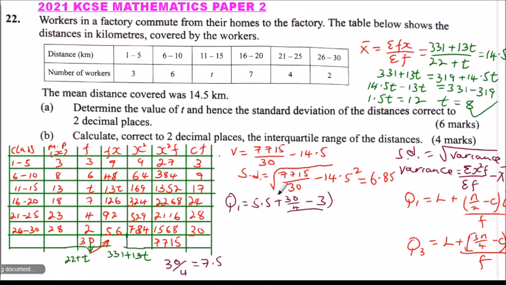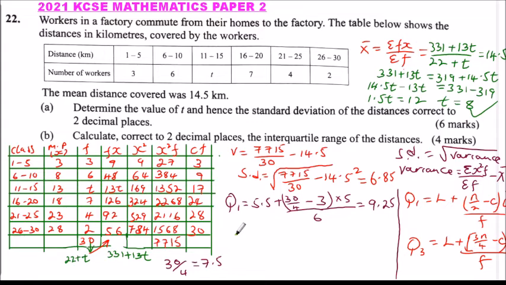You multiply by the class interval, which is 5, and the frequency in that class is 6. So that is how you get the lower quartile. You can compute this, and I don't have space. You'll be able to get 9.25.